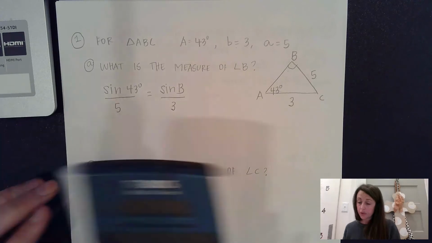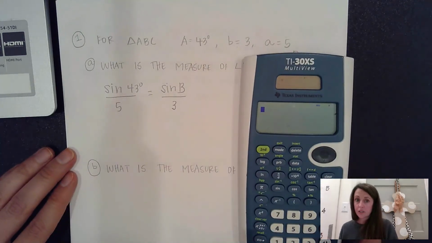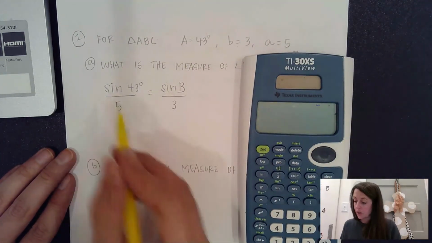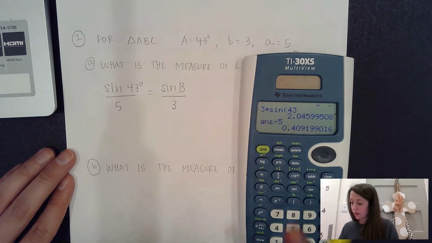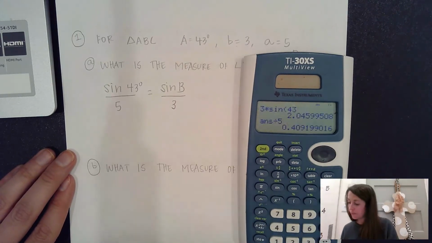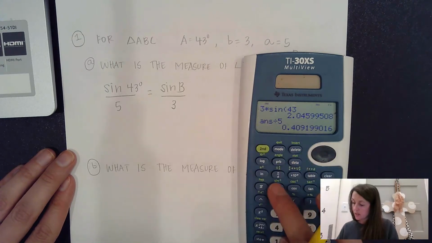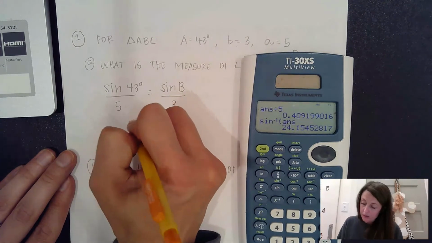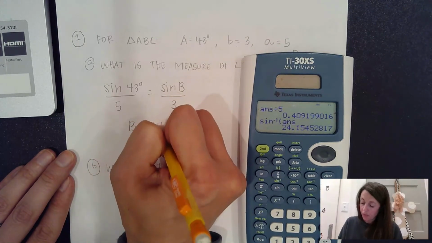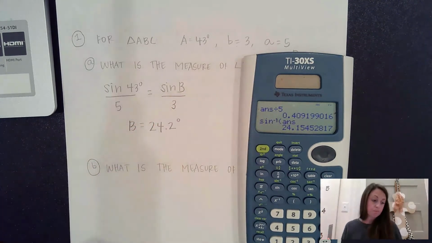You will be able to use your calculator in portions of the test. So you'll say 3 times sine of 43 degrees divided by 5, and make sure your calculator is in degree mode. I am. Then you take inverse sine of that answer. So angle B is going to be 24.2 degrees.